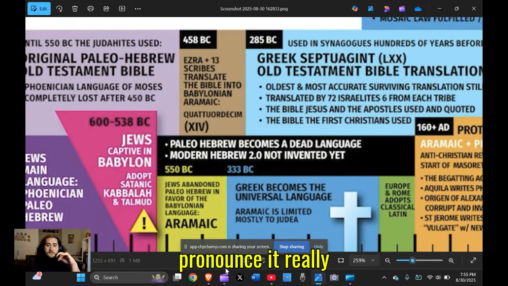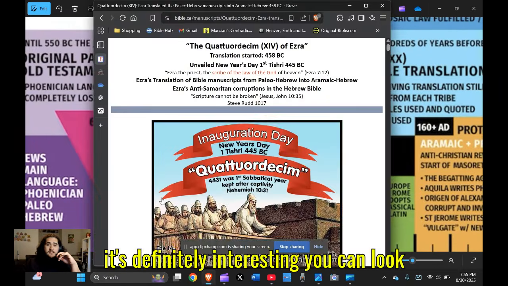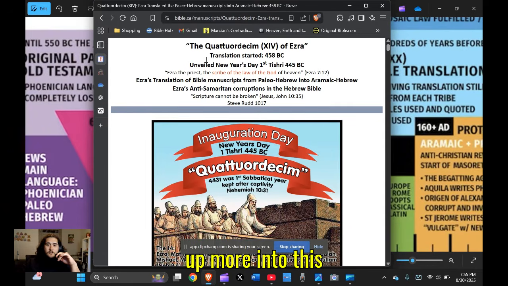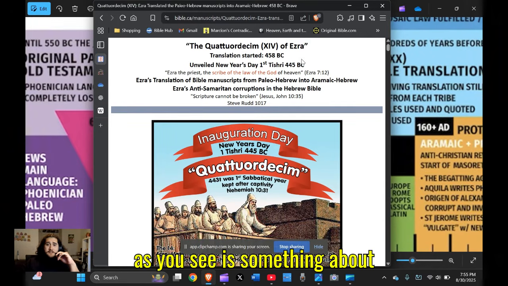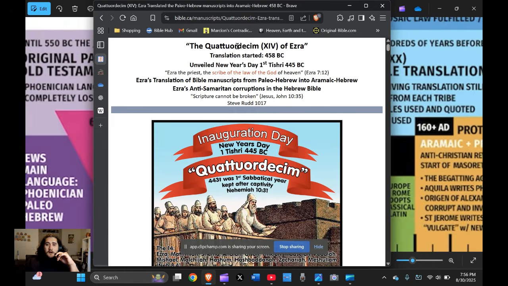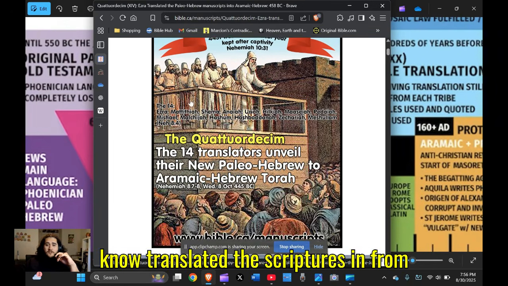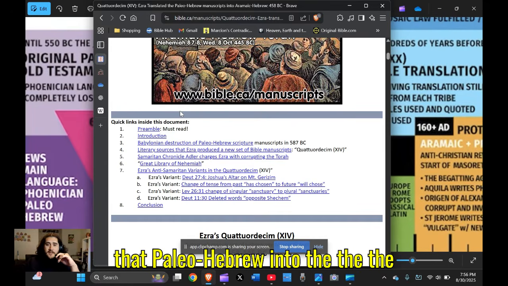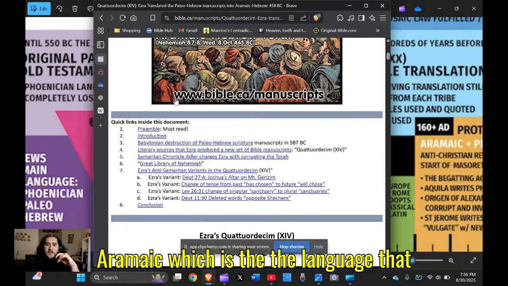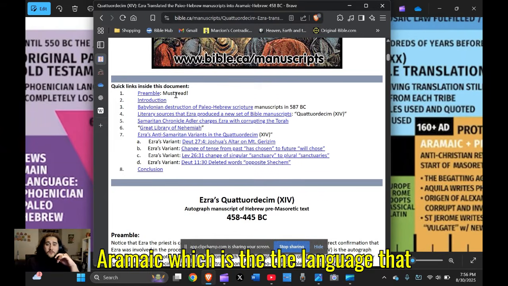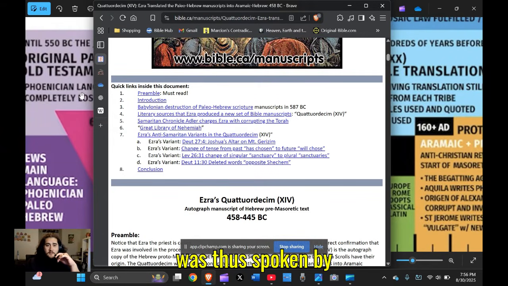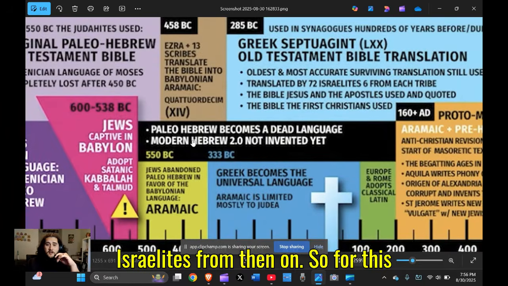I'm not sure how you pronounce it really, but it's definitely interesting. You can look up more into this. Ezra translated the scriptures from that Paleo Hebrew into the Aramaic, which is the language that was thus spoken by the Israelites from then on.